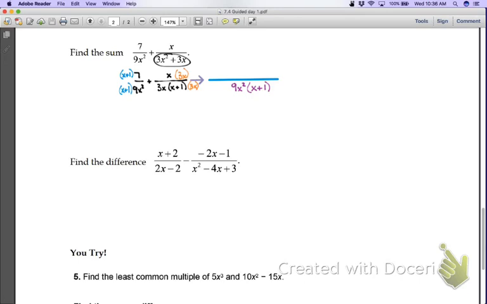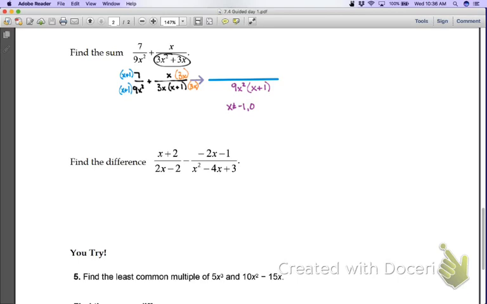The top is the hard part, and I'm probably going to have to take it apart to see if anything can cancel. So if I have 9x squared and x plus 1, what can x not be here? Negative 1 and 0. Right.